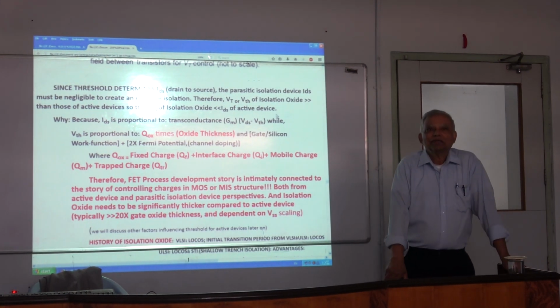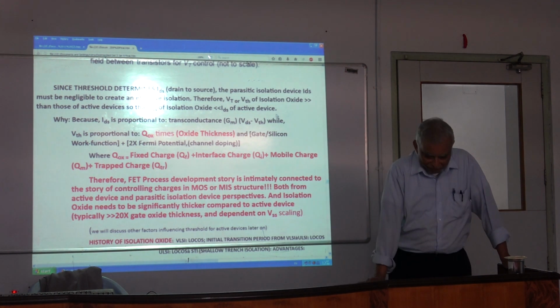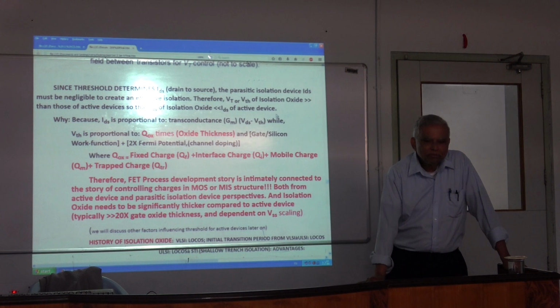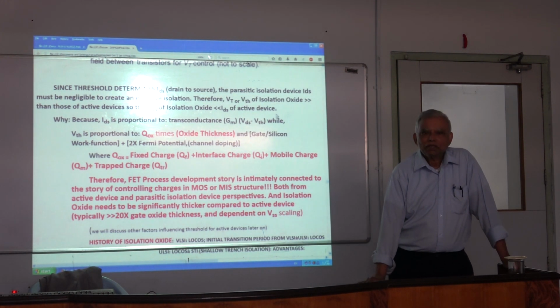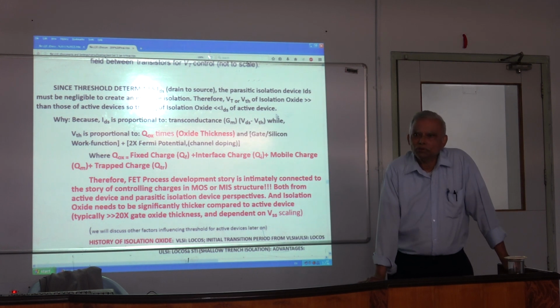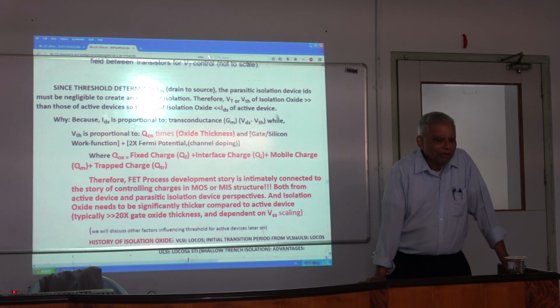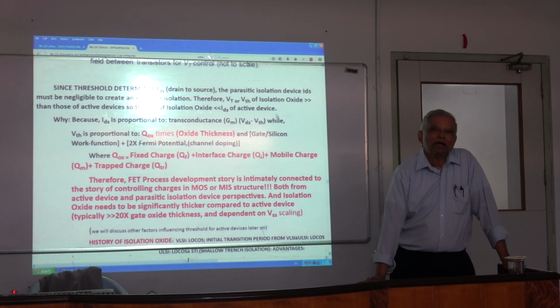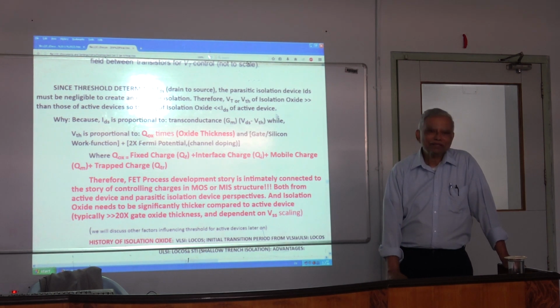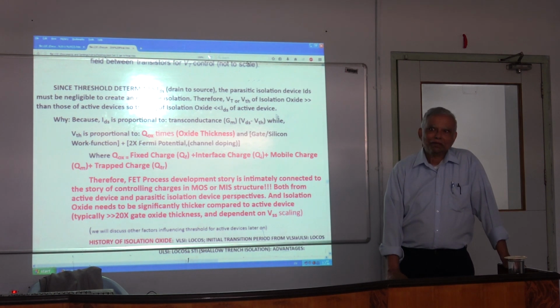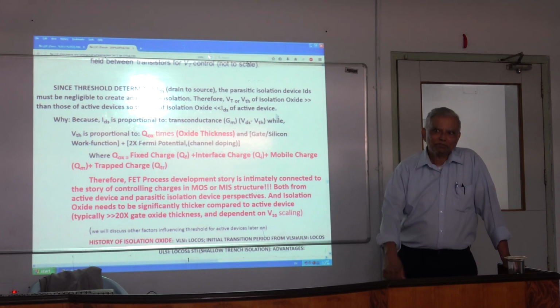And one of the major contaminants, sodium, is everywhere. Even when you use the purest chemicals, there is a certain parts per million of sodium. And sodium is a mobile ion. It's very easily moved. If it goes to the interface in the PFET, it doesn't bother, right? Because it's a positive charge.